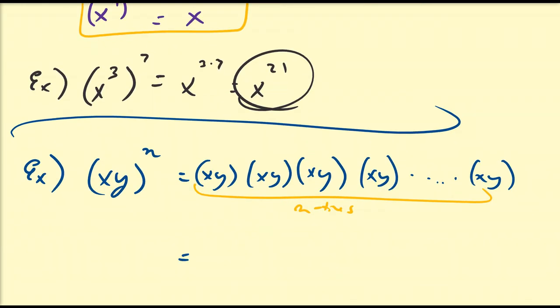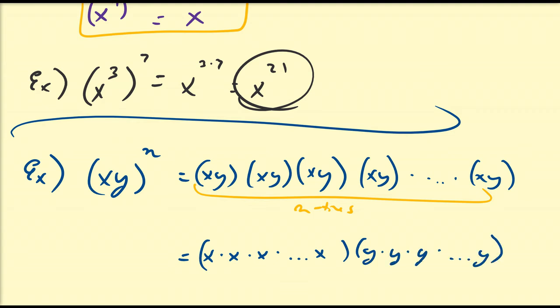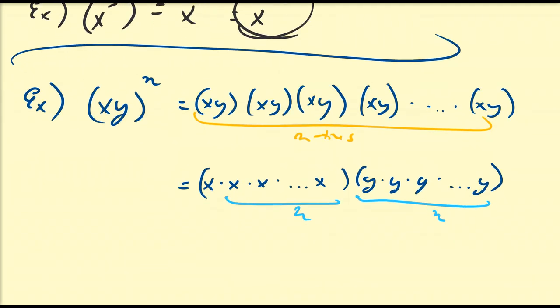So we can rewrite this as x times x times x times all the way down to x, and then y times y times y times all the way down to y, where we have n of these and we have n of these. So that means this is the same thing as x to the n times y to the n.